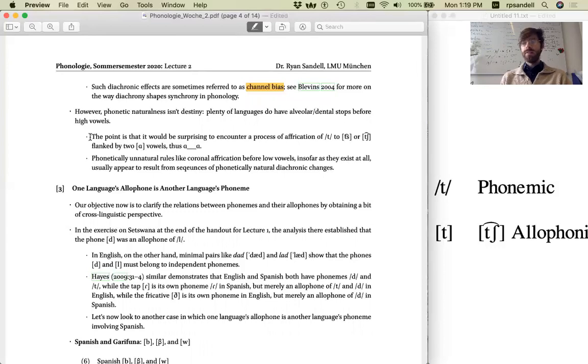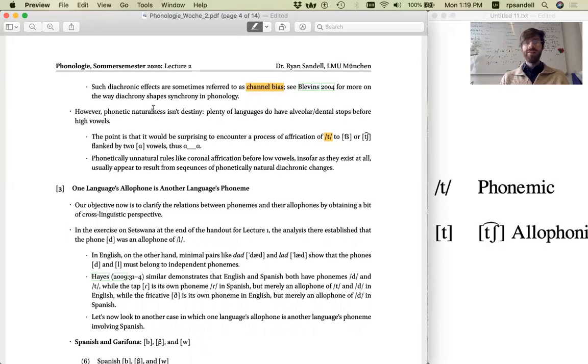But the point here is rather that it would be pretty surprising, indeed quite surprising, if we had a process of affrication of an underlying dental stop to an affricate like tsa or cha, if it had two low back vowels on either side.